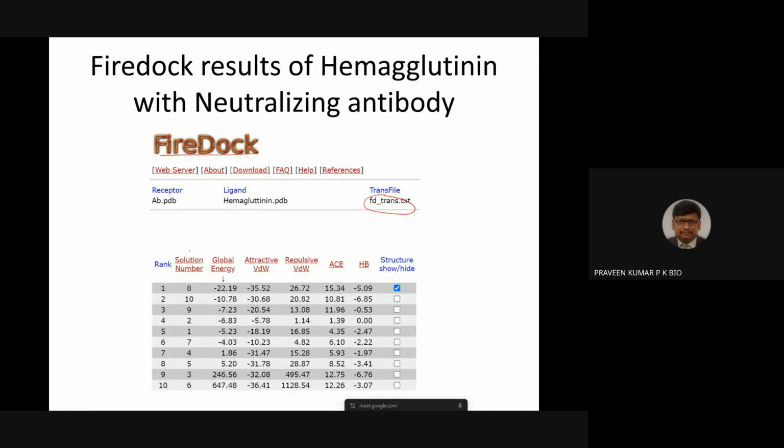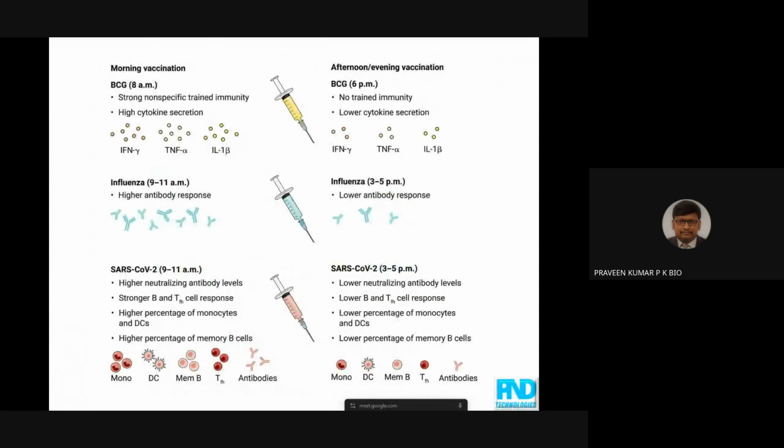Here you can get the output: the global energy, attractive van der Waals energy, and so on. These are the types of output we can get from FireDock.